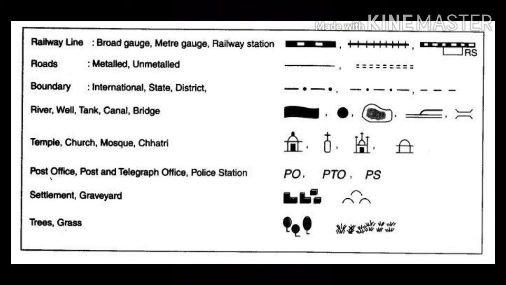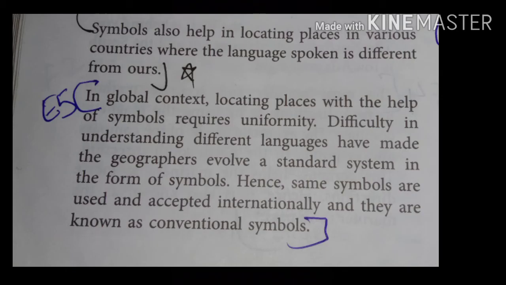Yes, symbols can be marks, designs, signs or characters which are used to represent information on a map. They make it easier for us to read the maps. By using symbols we can easily understand.